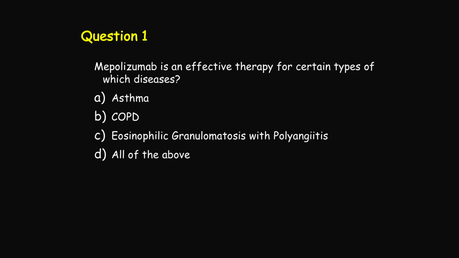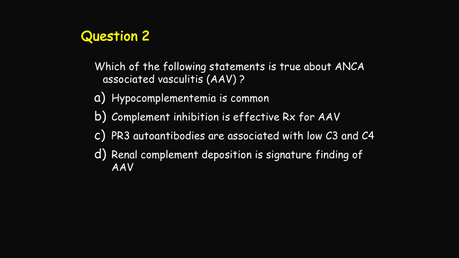Okay, so questions to test your attention and knowledge. Mepolizumab is an effective treatment for certain types of which diseases? A, asthma, B, COPD, C, eosinophilic granulomatosis with polyangiitis, or D, all of the above? D, correct answer.